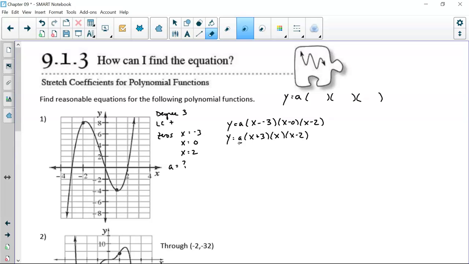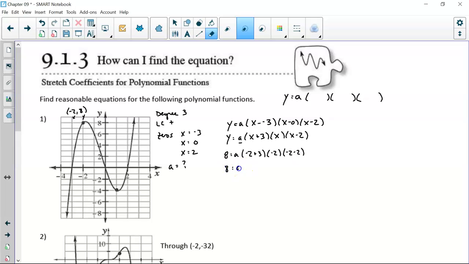To do that, we need to find another point on the graph. Now another point on the graph is this point up here at -2, 8. That'll go in for my x and my y. So 8 equals a, and it's going to be -2 plus 3, -2, -2 minus 2.